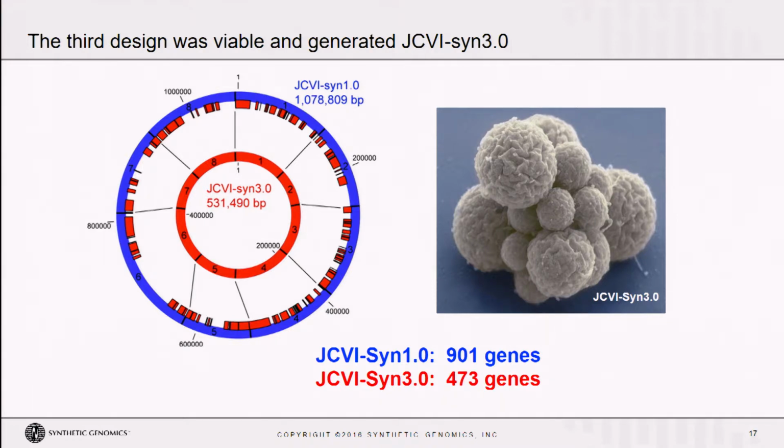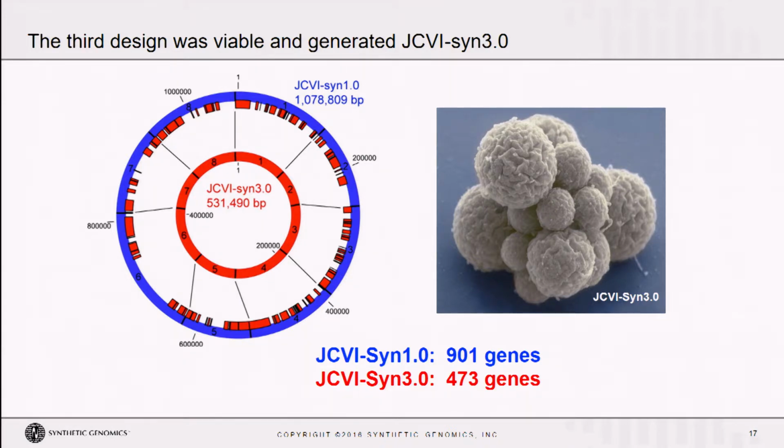Shown in blue is the SYN 1.0 genome. It has a genome size of 1.1 million base pairs and has 901 genes. And the SYN 3.0 minimal genome has a genome size of only 531 kb and 473 genes. So we've been able to remove over 400 genes while maintaining a growth rate of less than 3 hours.